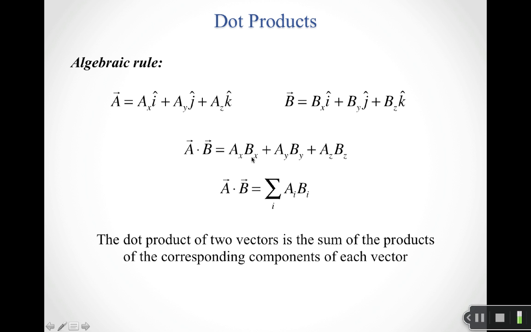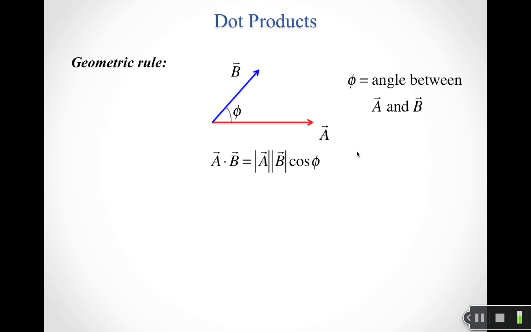So all you're doing is just multiplying together the component products and then adding those together. That's the algebraic rule for dot products. One of the nice things about the algebraic rule is we're pretty good at this point at breaking vectors up into components. So it's fairly easy to break a vector up into its x, y, and z components and then go ahead and just use this rule to multiply it out and get the dot product.